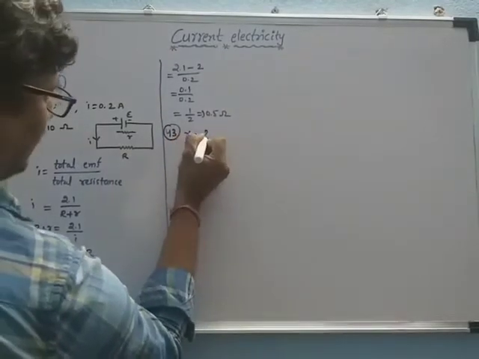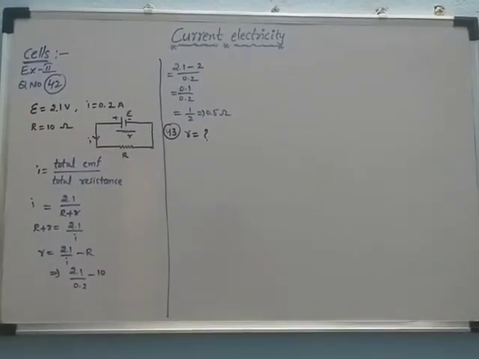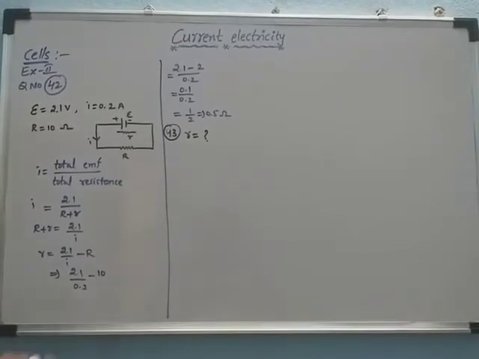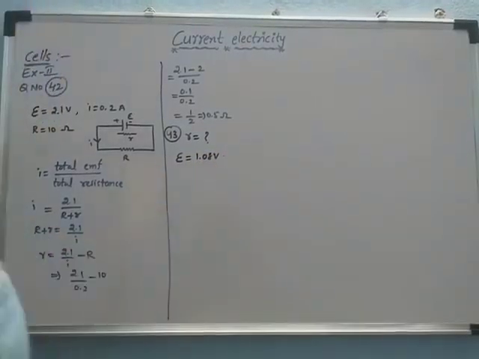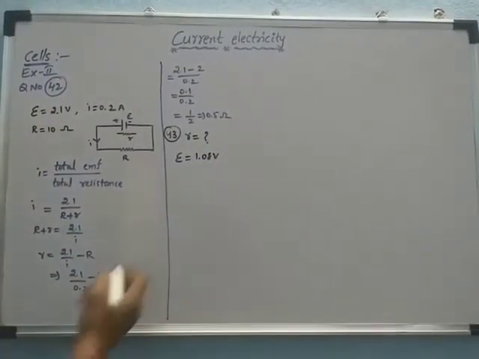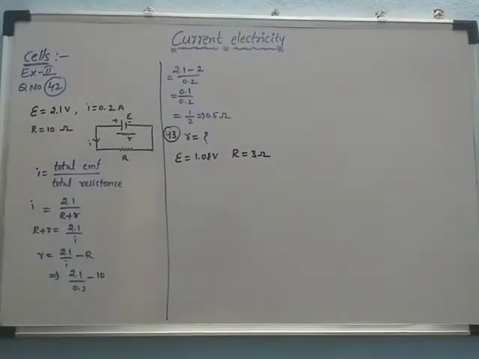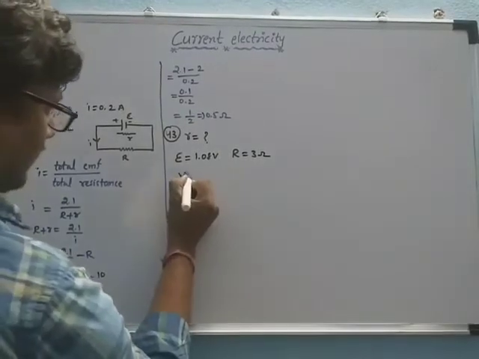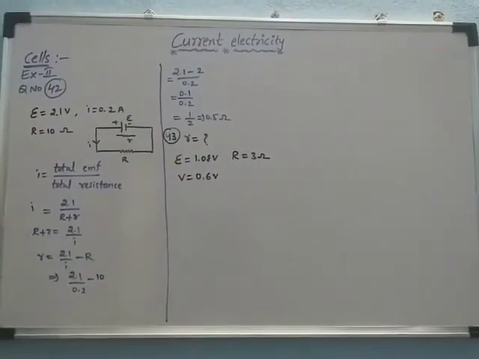In this condition also, we can find the internal resistance. The EMF E is equal to 1.08 volt, the resistance R is equal to 3 ohms, and the potential difference V is equal to 0.6 volts.